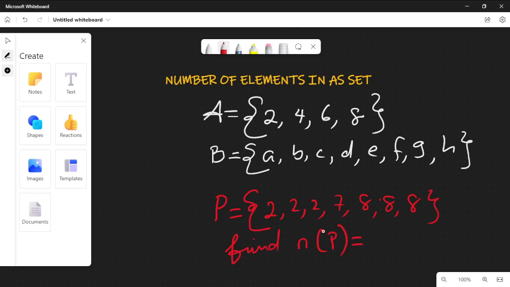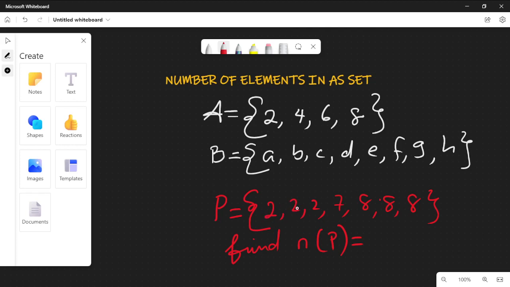So what will we do? We count the number of elements inside P, right? That will be 1, 2, 3, 4, 5, 6, 7. Okay, so you want to write down 7, right? No, the answer is not 7. When you have a number repeating itself inside a set, that number is still counted once. So if I have 2, 2, 2, it is still just a single 2.